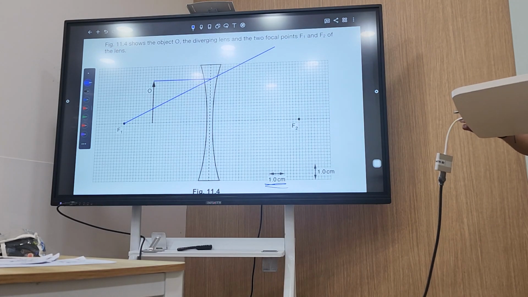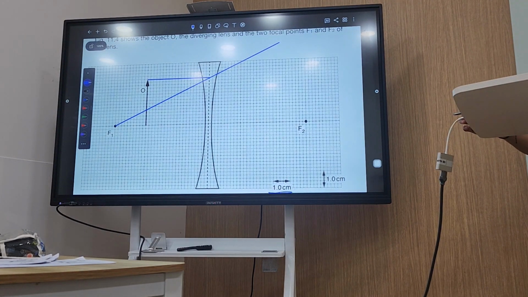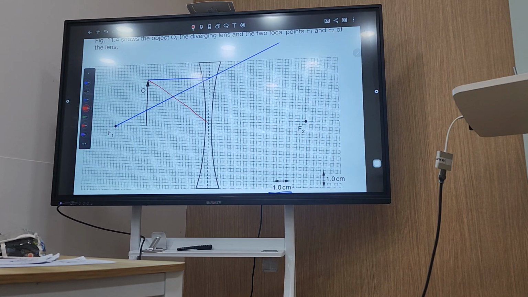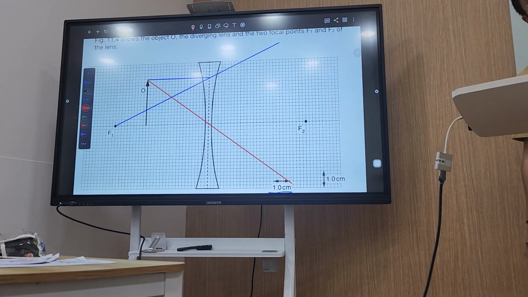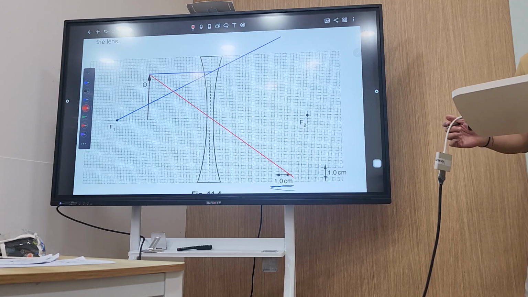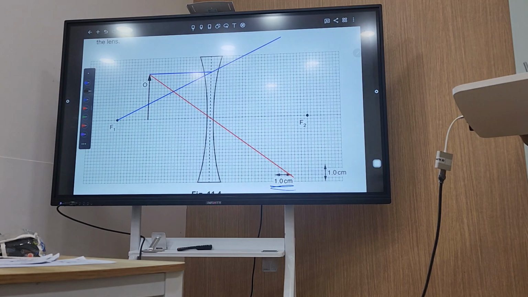What's the next ray that we're going to draw? Obviously, the one that is very familiar to everybody: pass through your optical center. And as with our converging ray, the intersection is our image.